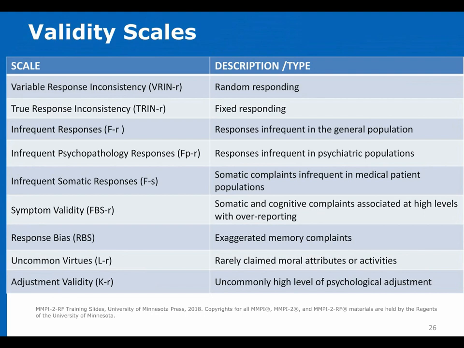The next three scales, FS, FBS, and RBS, are also designed to detect over-reporting, but in this case, they're detecting over-reporting of somatic and cognitive issues. And then finally, we have the two under-reporting scales, L-r and K-r, rounding out the MMPI-2-RF validity scales.